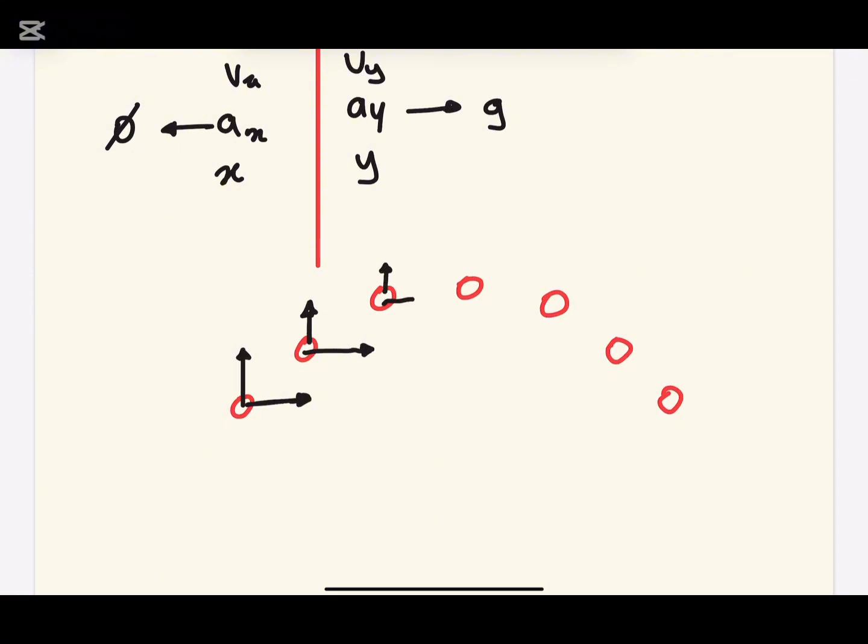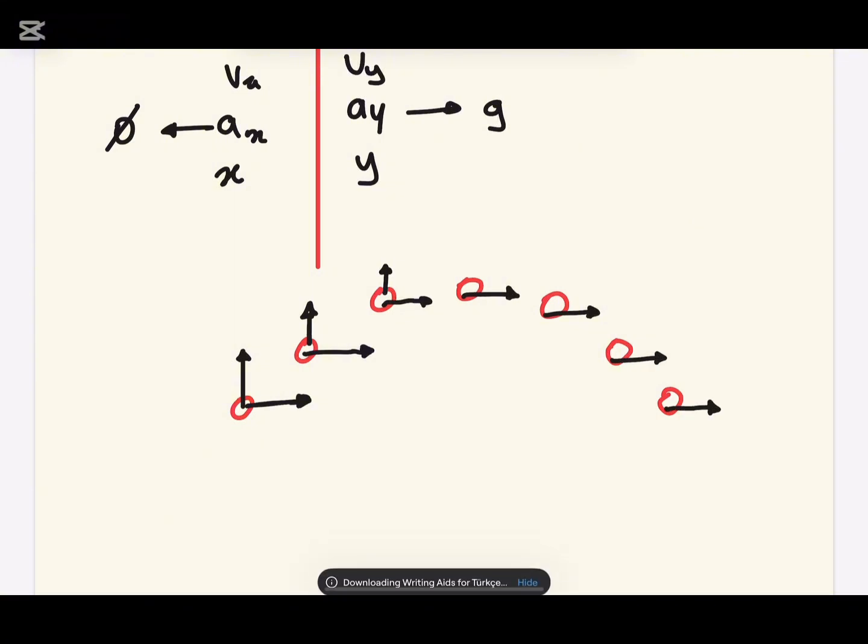However, when it reaches the top, the vertical velocity becomes 0. But as you notice, the horizontal velocity is constant. Thus the acceleration in the horizontal is 0, while the acceleration in y is gravity.